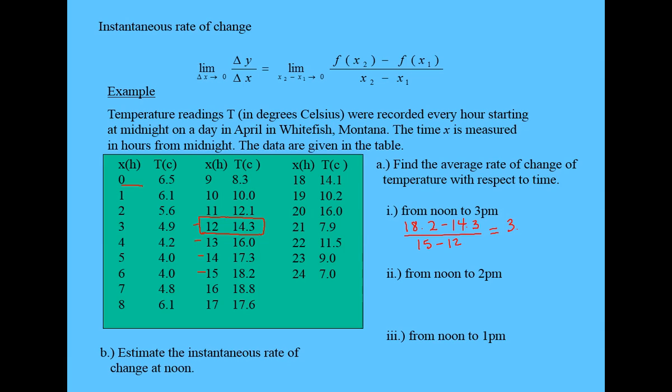This appears to be 3.9 divided by 3. And that appears to be 1.3. And that's degrees Celsius per hour.